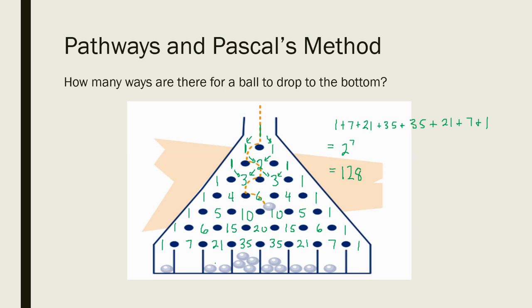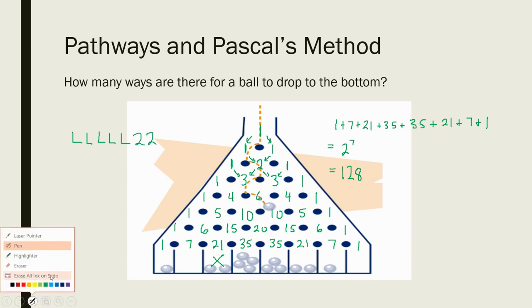To get to this bin, this one I'm talking about right here, what has to happen is that a ball has to go left 5 times and then right 2 times. Oh, I wrote down a 2 instead of writing an R. I'll erase that. So yeah, any pathway that winds up in that bin, the ball has gone left 5 times and right 2 times.